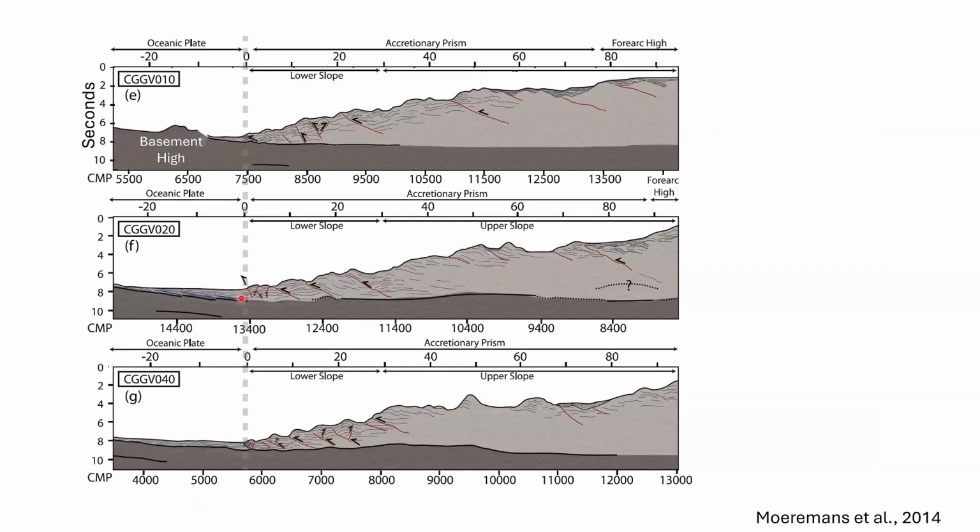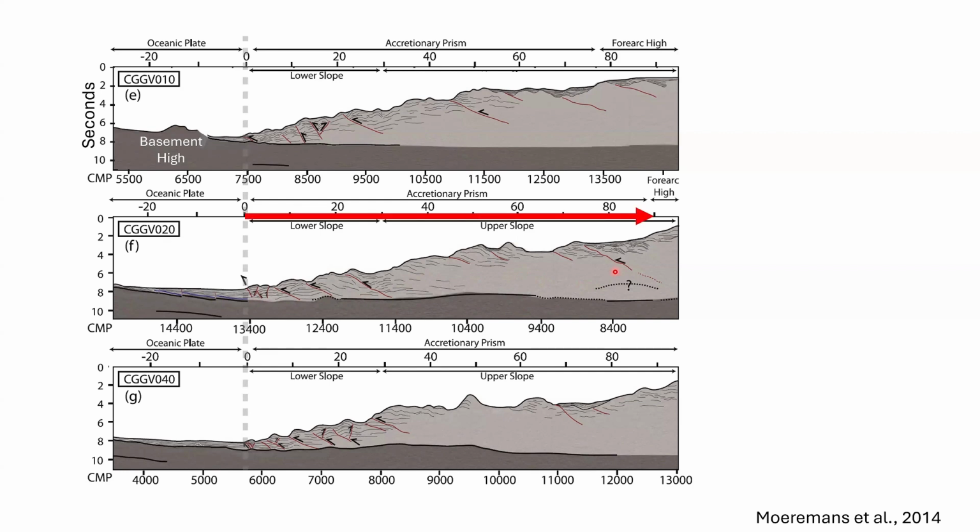Sediment initially is stripped off of the descending plate. Relative plate motion is this way. There are thrust faults that are smashing this trench sediment and building up this large accretionary wedge or accretionary prism.